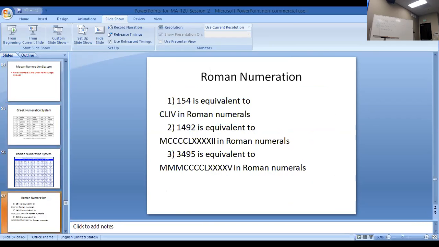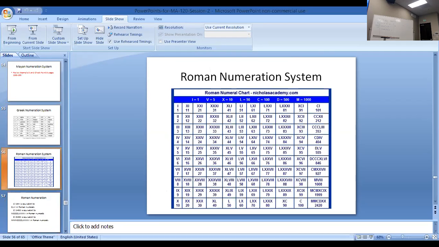For example, the Roman numeral for 154 is found when you go to that table. You find 100. Where is 100? It's right there, C at the bottom. Oh, yes, I see. So was it 154? Yes.